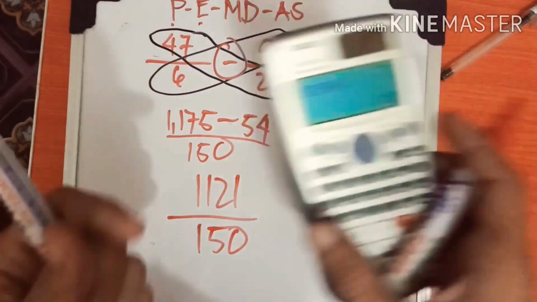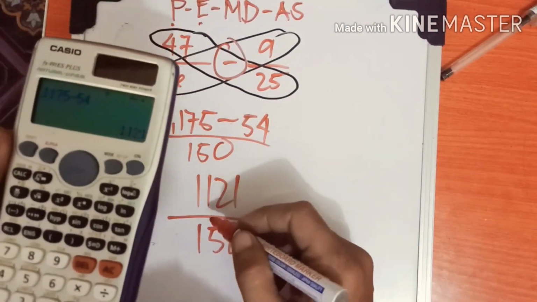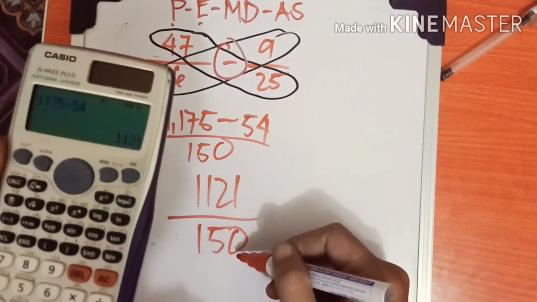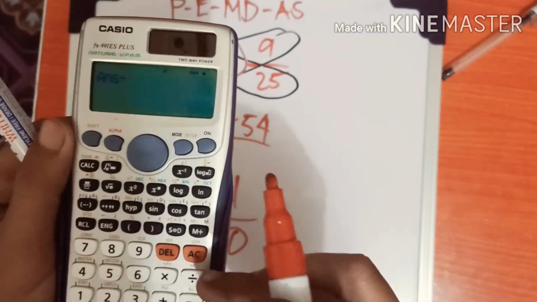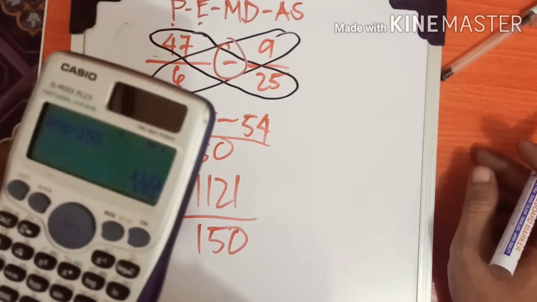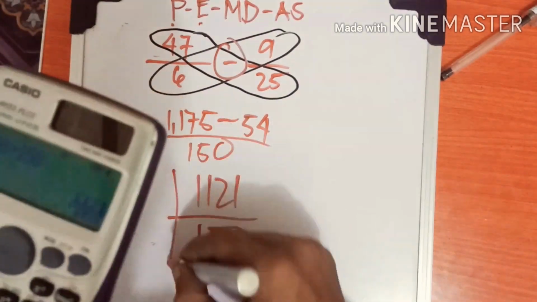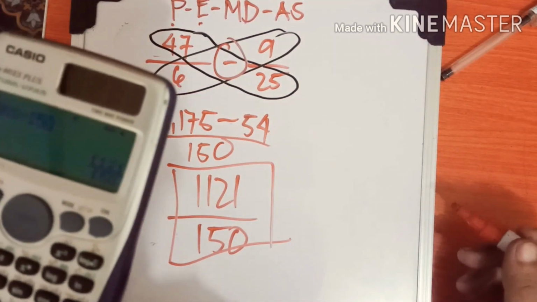Now let's try to divide 1121 divided by 150. So we have the same answer, so this is the final answer, 1121 over 150.